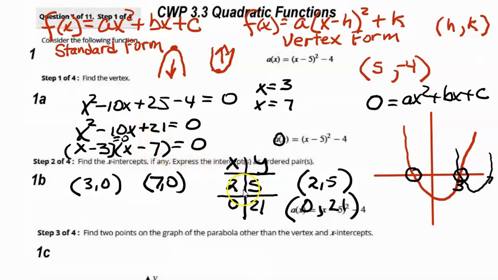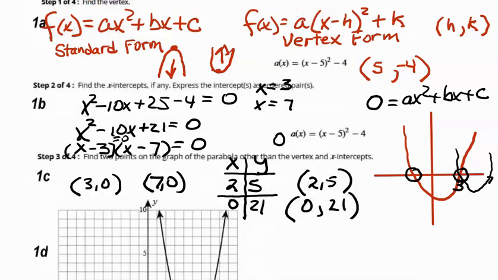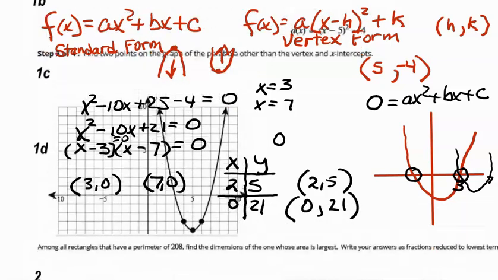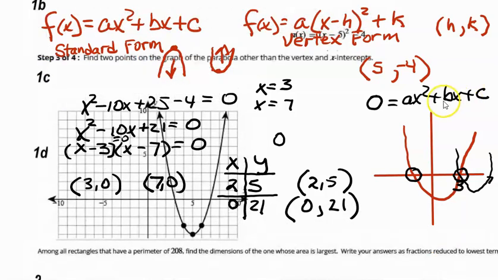So these are some other points that they are asking you to find. I'll now move it up, and we'll see what our graph looks like here, which is our next example. Now we set our minimum, the vertex of this was 5, -4.